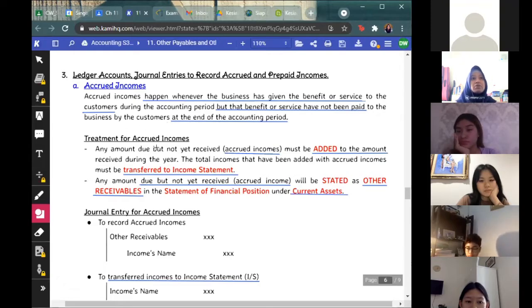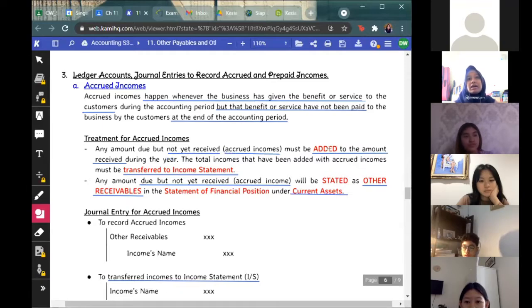Now, treatment for accrued incomes. Any amount due but not yet received, or accrued incomes, must be added to the amount received during the year. If expenses is amount paid during the year, in income, we have amount received during the year. Yeah, we receive the money. So accrued income is the amount of money that is not yet received once again.